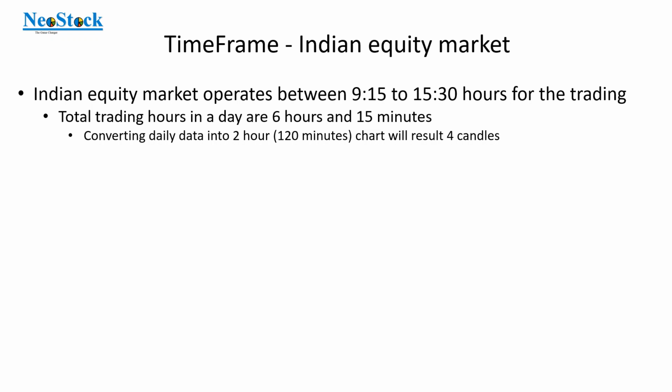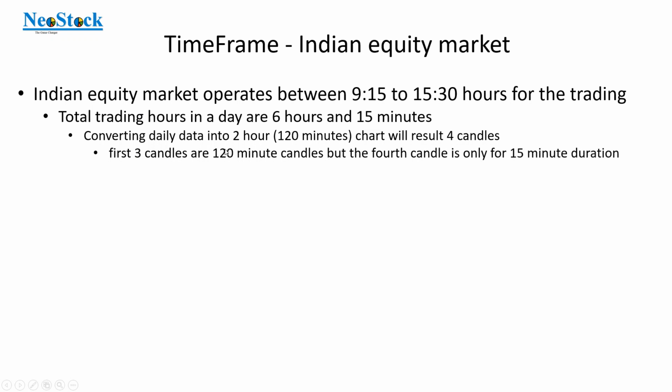But here we have a problem. What is that problem? The first 3 candles are 120 minutes in duration, but the 4th candle is only 15 minutes in duration. This is because the Indian stock market has total trading hours of 6 hours and 15 minutes.